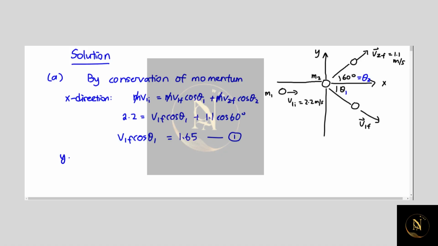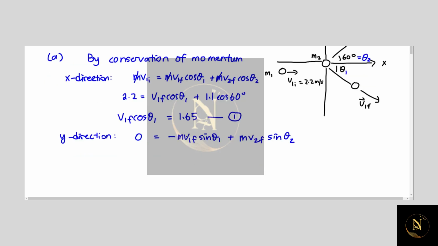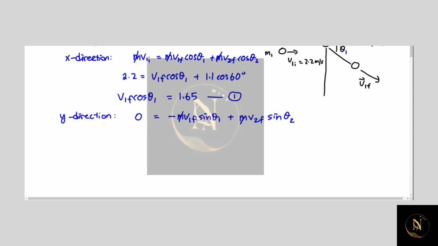And then for the y direction, we have 0 is equal to minus m v1f sine theta 1 plus m v2f sine theta 2. Again you can cancel the m, and then you have v1f sine theta 1 is equal to 1.1 sine 60 degrees, or 0.55 square root 3.